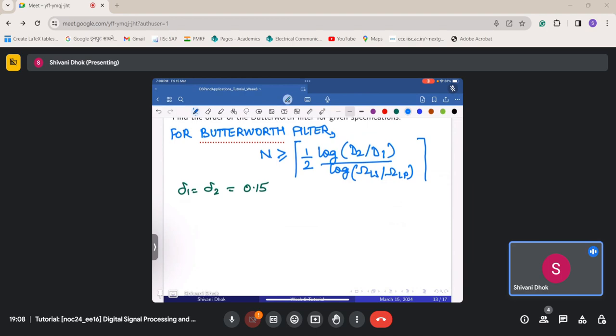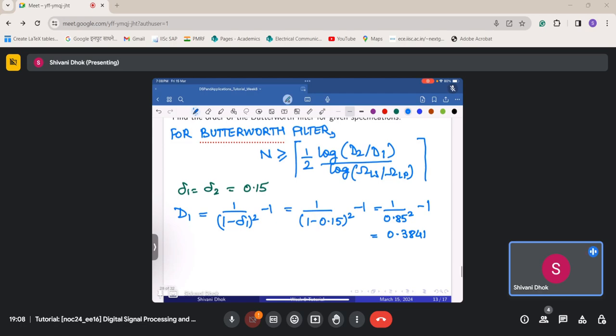So what is d1? This d1 by definition is 1 upon 1 minus delta 1 square minus 1. So this will be equal to 1 upon 1 minus 0.15 square minus 1, which is equal to 1 upon 0.85 square minus 1. If you solve this, it will give you 0.3841.